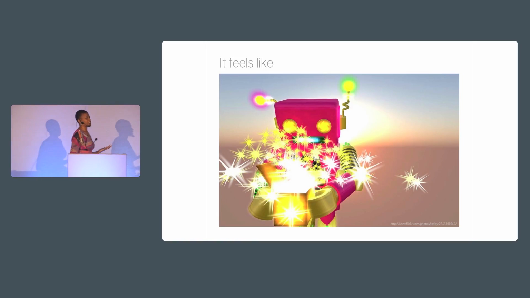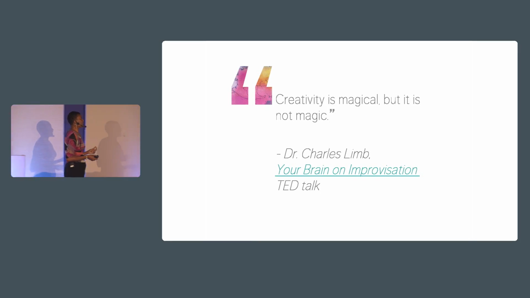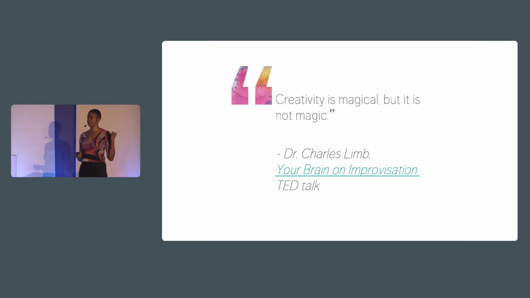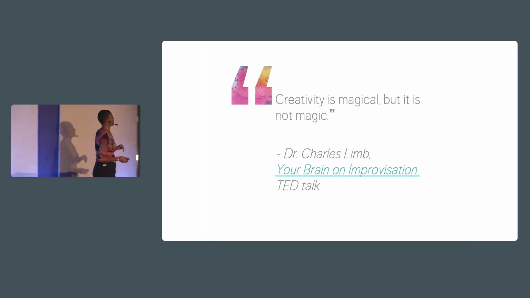It feels like magic, but it's not magic. It's just magical. By the way, if you've never watched this TED Talk, Your Brain on Creativity, Your Brain on Improvisation, it's amazing. You should totally watch it.